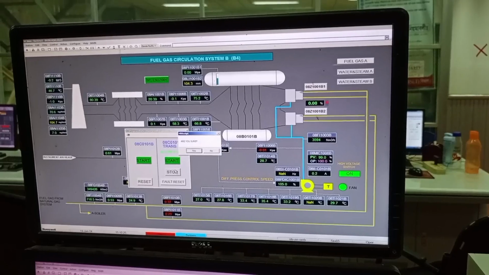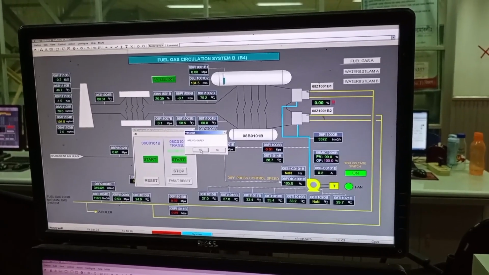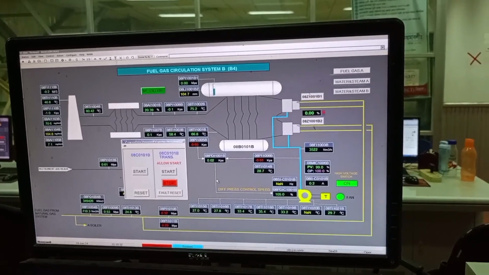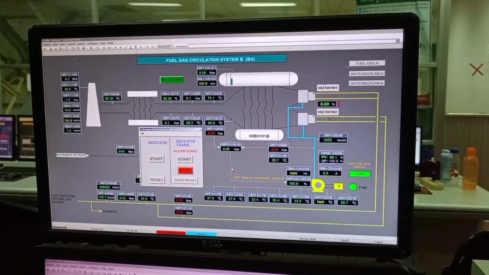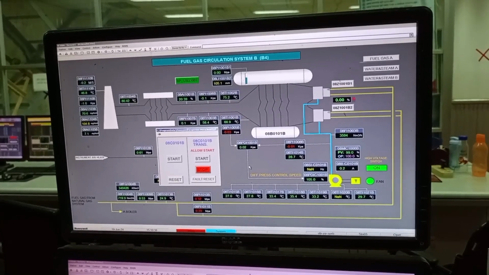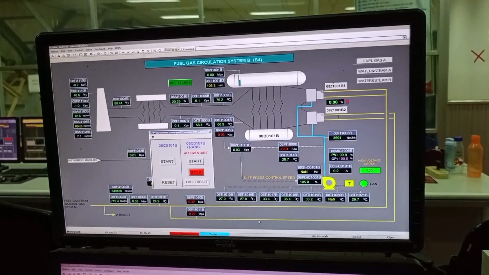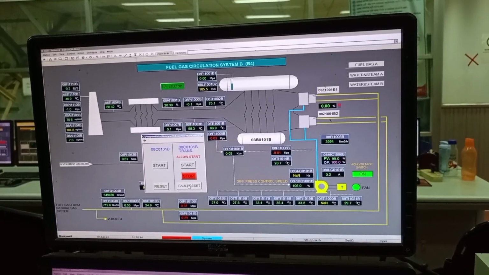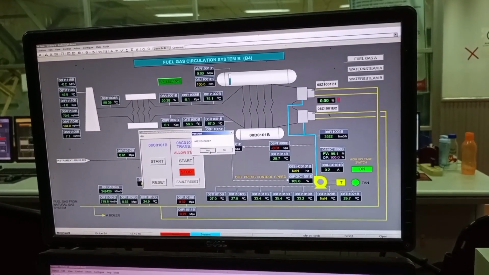Here at first we start the damper control motor from a DCS system. Its color is yellow, and when it starts, its color will change, and after some time when the motor has started, its color will be green.